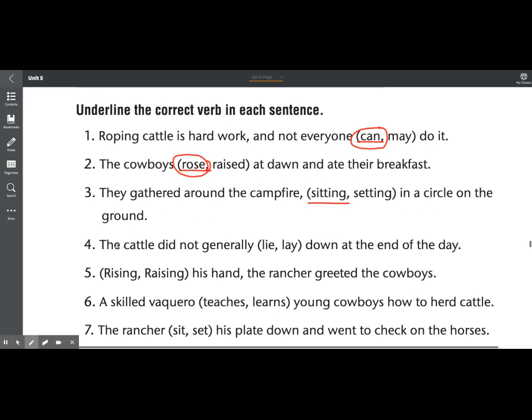Number 4, the cattle did not generally lie or lay down at the end of the day. Lay down. To lay means to put yourself against something. Number 5, raising his hand, the rancher greeted the cowboys. Raising.